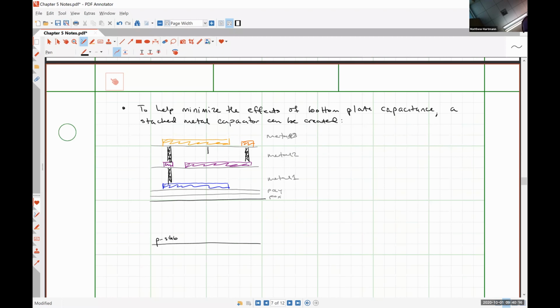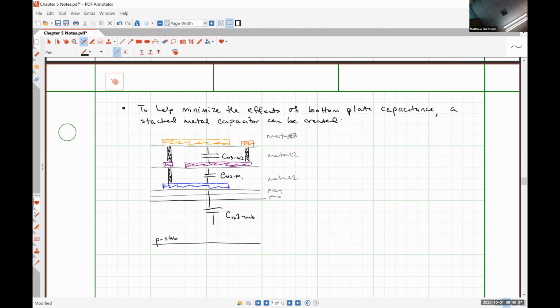And I form two intentional capacitances here. This is between M3 and M2, and here is between M2 and M1. And then I also still obviously have my bottom plate parasitic, M1 to substrate.